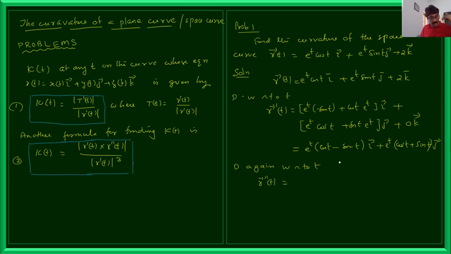So on finding r double dash t, differentiating this again with respect to t, you will get minus 2 e raised to t sin t i plus 2 e raised to t cos t j. This is r double dash of t.